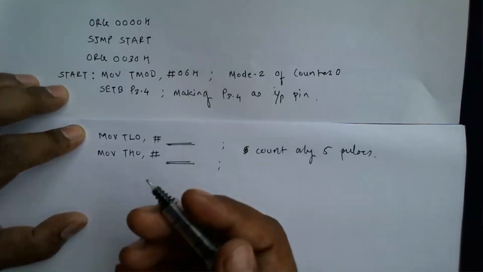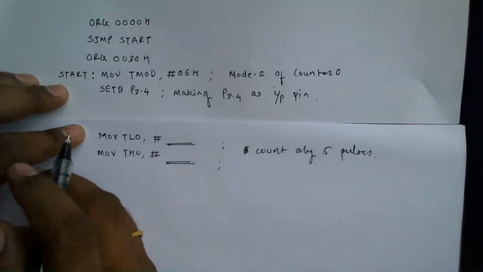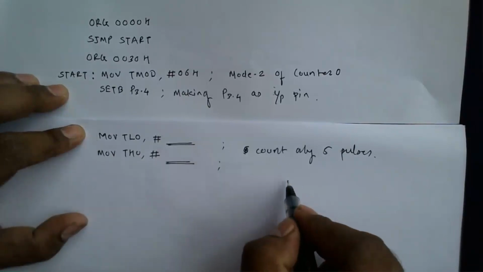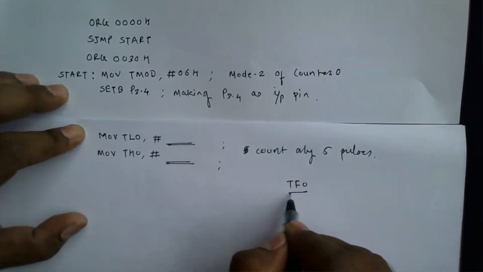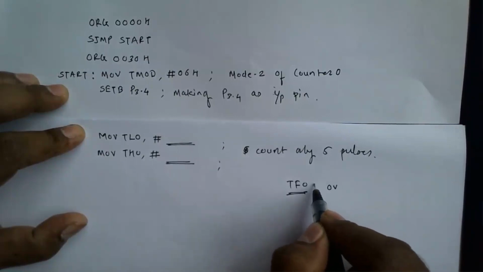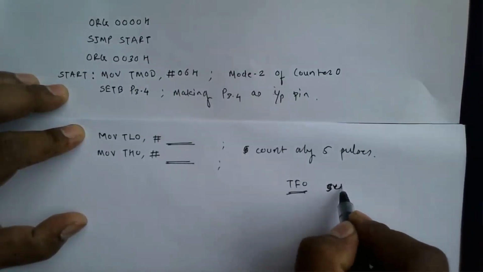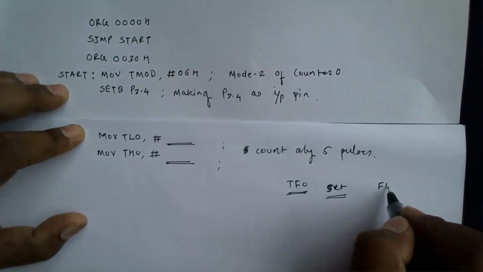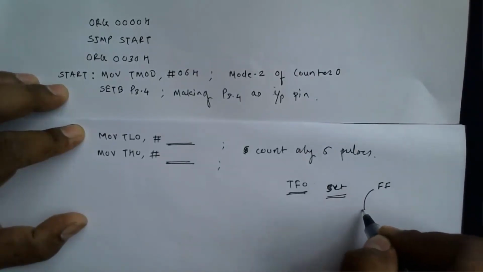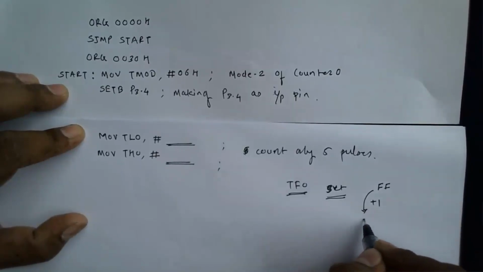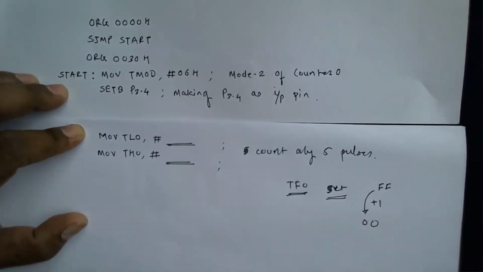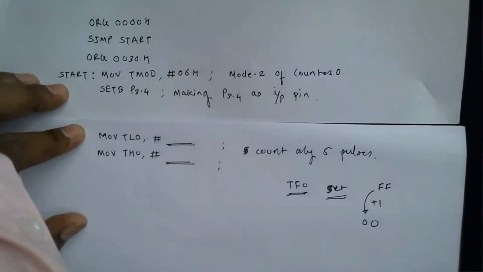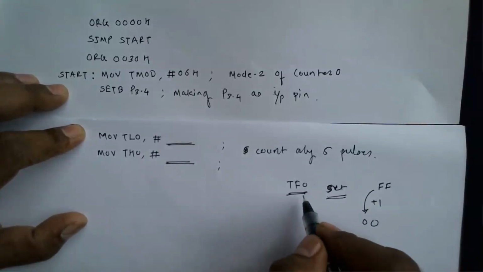So what we actually want, हमारा ये जो TF फ्लैग है ये कब ओवरफ्लो होता है, कब ये सेट होता है, whenever there is a roll over, मतलब FF से जब ये इंक्रीमेंट होके वैल्यू 0 हो जाती है, राइट? जब ये 0 हो जाती है तब जाके ये फ्लैग जो है सेट होता है, राइट?